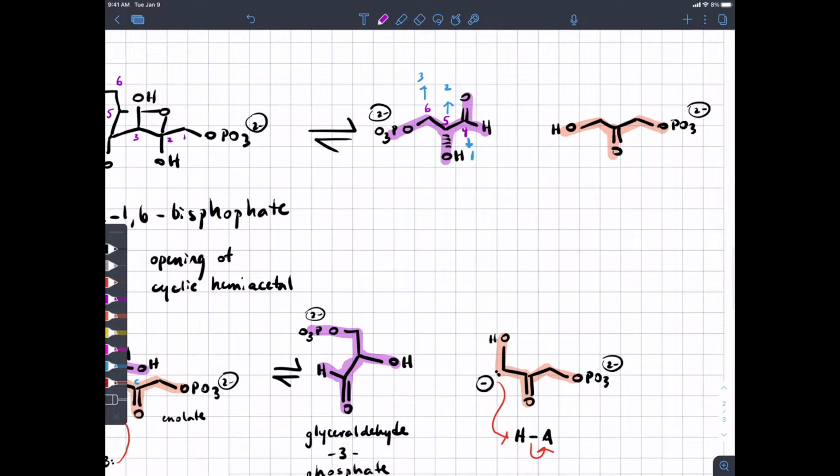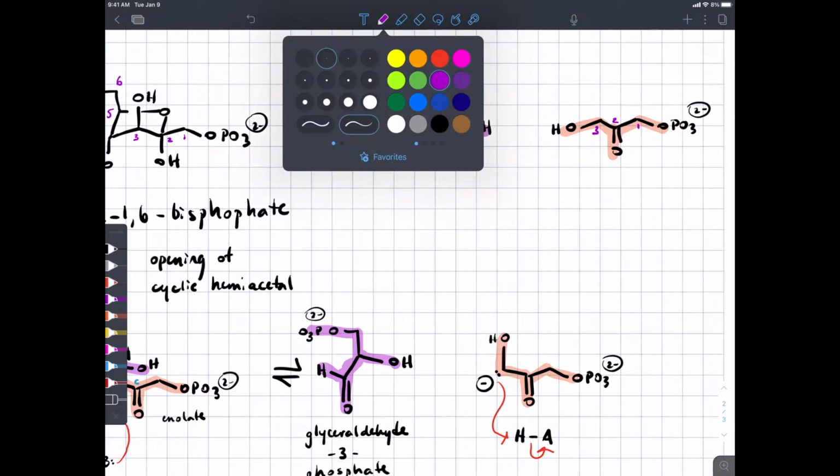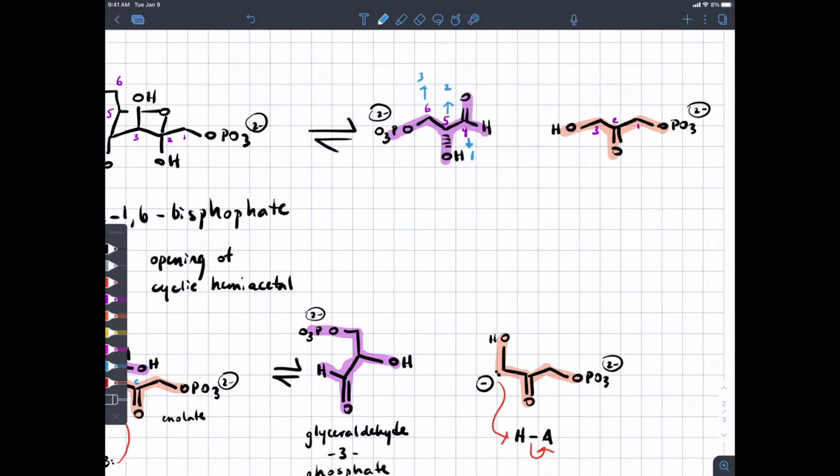Dihydroxyacetone phosphate came from carbons 1, 2, and 3 of fructose 1,6-bisphosphate, though from here on out we're going to call them 1, 2, and 3 in this direction for reasons that you'll see in just a second.